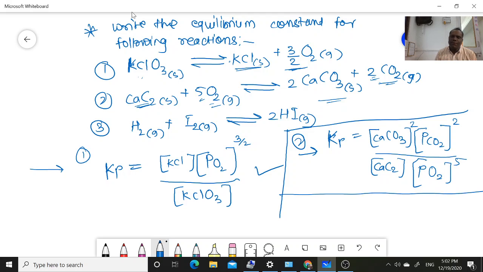The third equation we can also write, which is very simple.